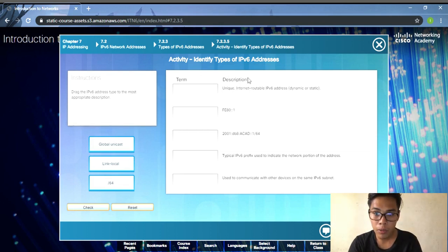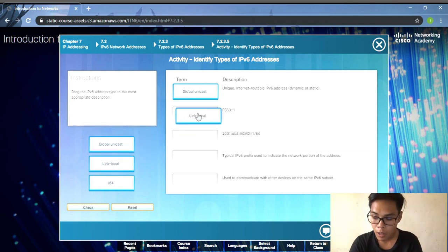Unique internet routable IPv6 address, dynamic or static. I think it's definitely a global unicast. FE80::1, it is for the link local, and 2001:DB8:ACAD, it is for global unicast.